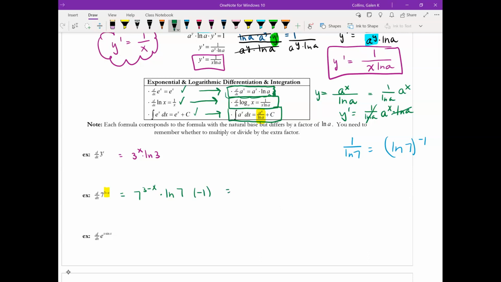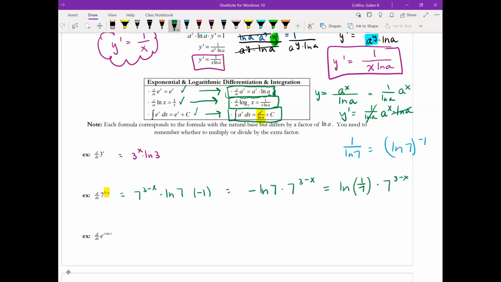So we might end up rewriting that as -1 times the natural log of 7 times 7 to the power of 3 minus x. And just a quick reminder, that would be the same as saying the natural log of 7 to the power of -1, which is 1/7, all of that times 7 to the power of 3 minus x. So those kind of go hand in hand.